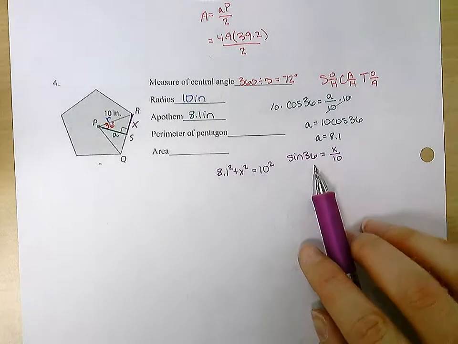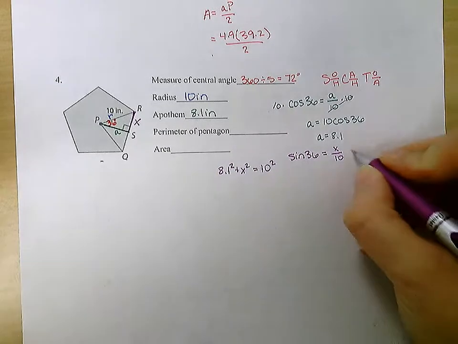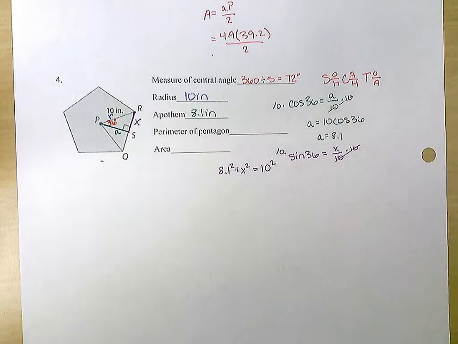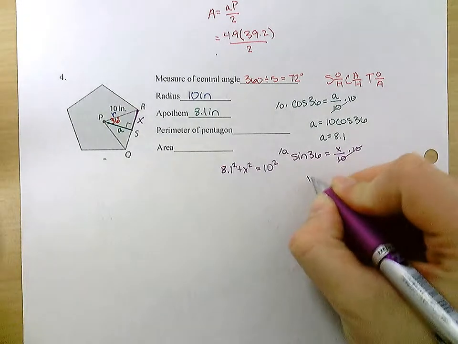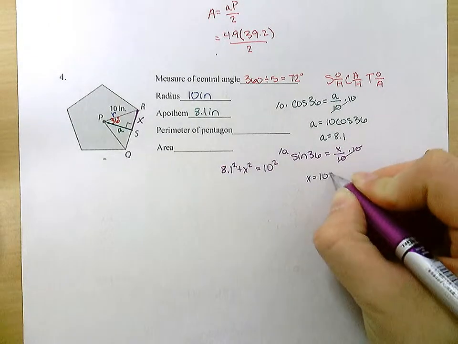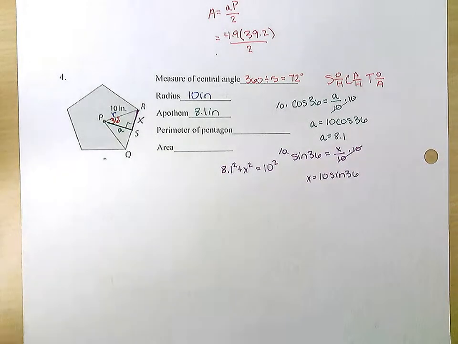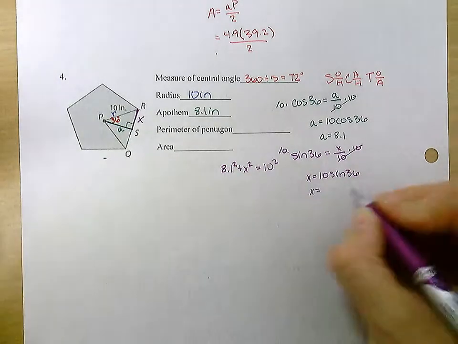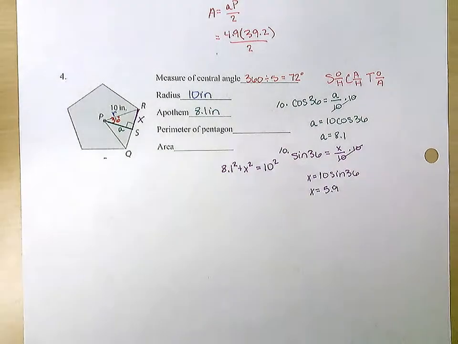I'm just going to use this one. So here I would multiply both sides by 10 to get that out of the denominator. So that x value is 10 times the sine of 36, to get x is about 5.9.